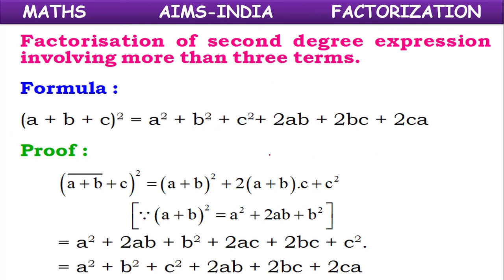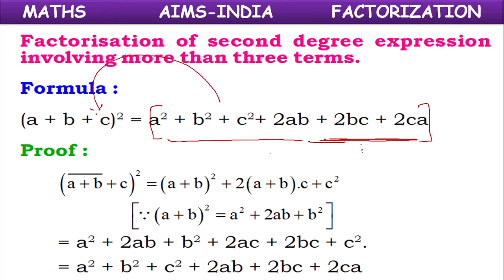So altogether we are having 6 terms here. If we have an expression like this, which is having more than 3 terms, then by using this formula we can factorize it.